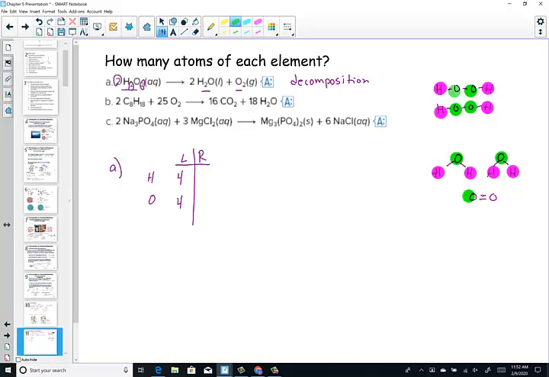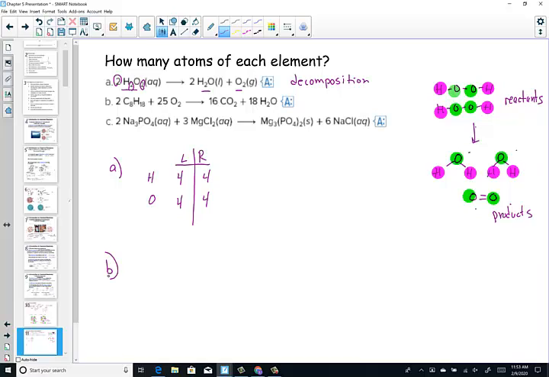Over here, 2 more oxygens. So let's tally up what we have. The number of H's, 1, 2, 3, 4. The number of oxygens, 1, 2, 3, 4. We have 4 atoms of each element. The reactants turn to products when we balance our equation. Same number of each atom, we've had a decomposition reaction occur.